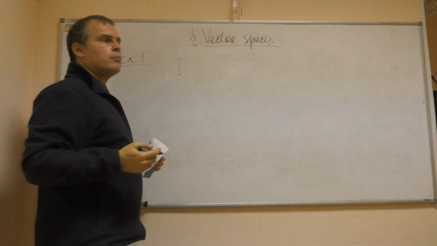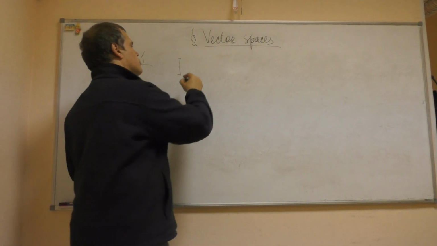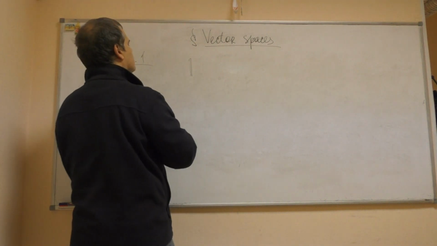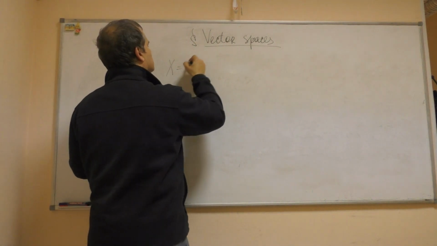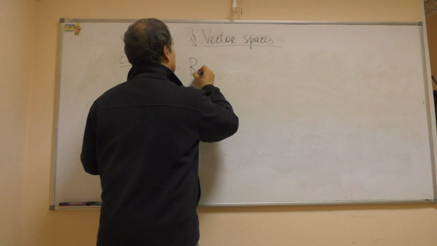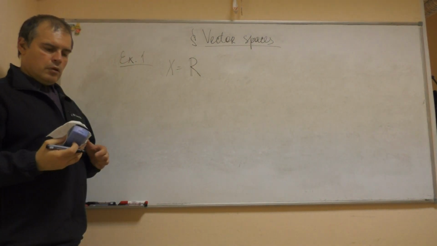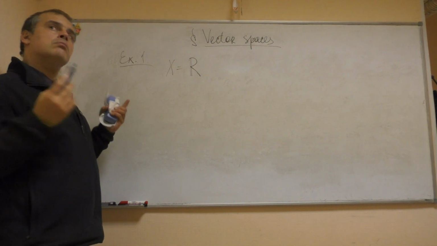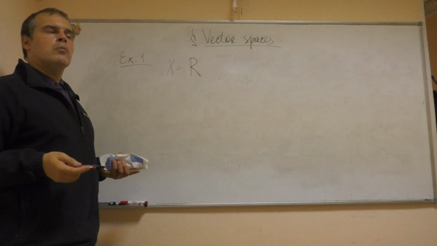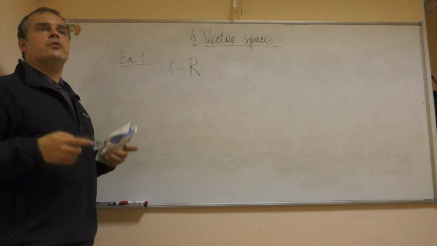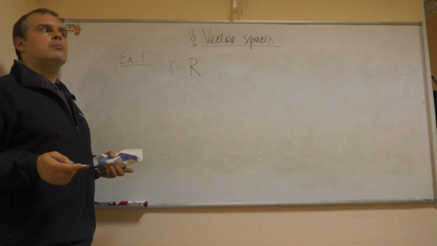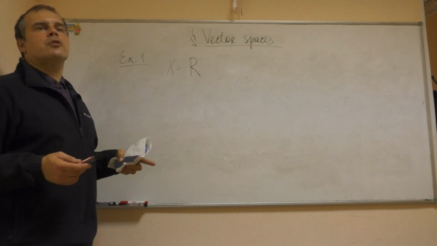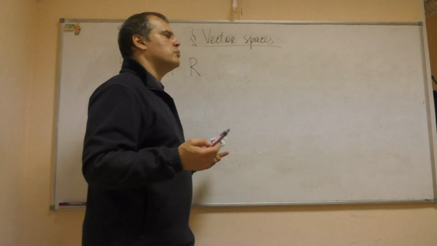First example of a vector space is the set of real numbers. In this case we can introduce the sum of two vectors and the product of a vector and a number using standard rules of addition and multiplication in the set of real numbers.